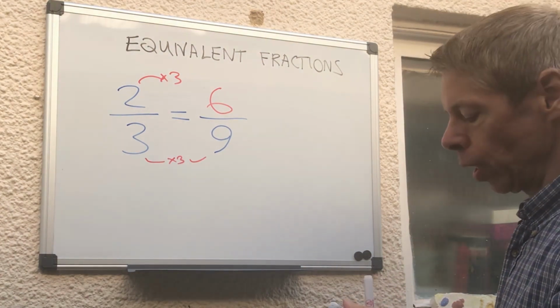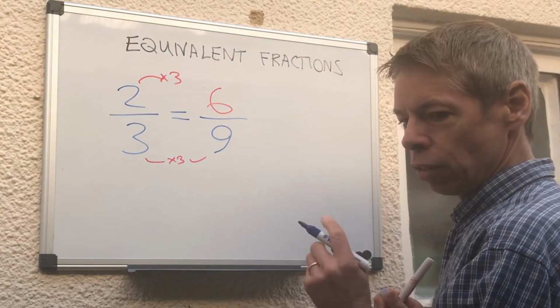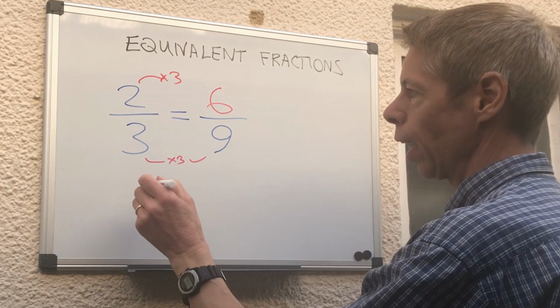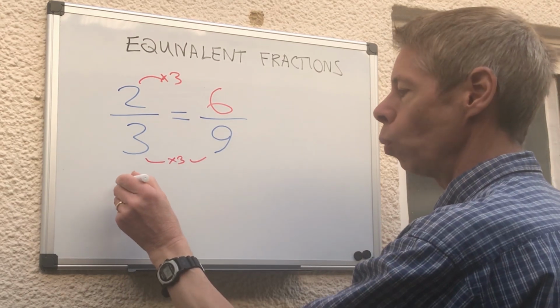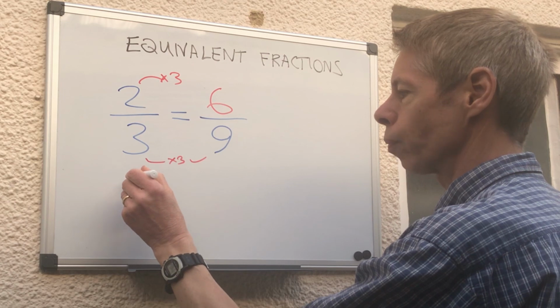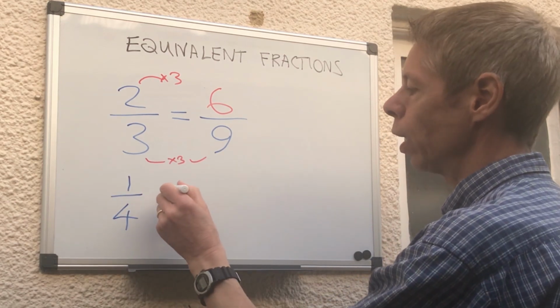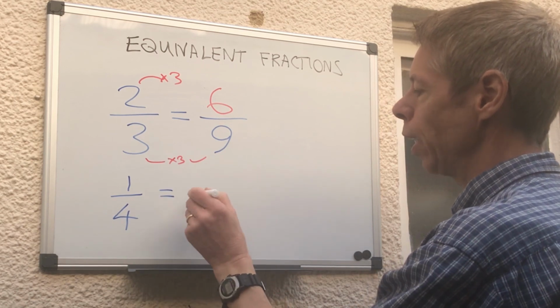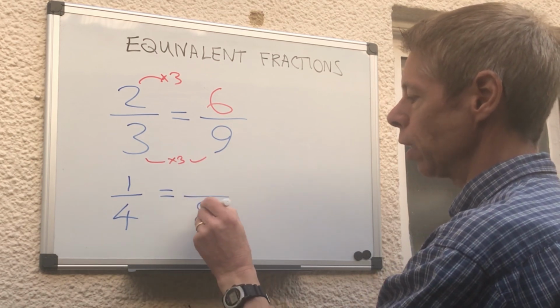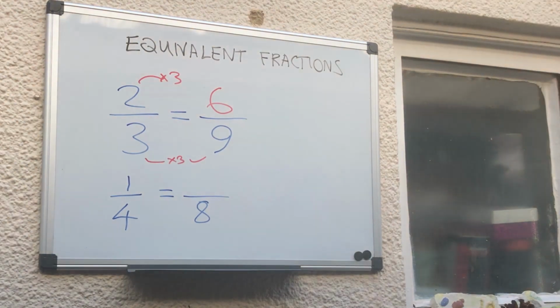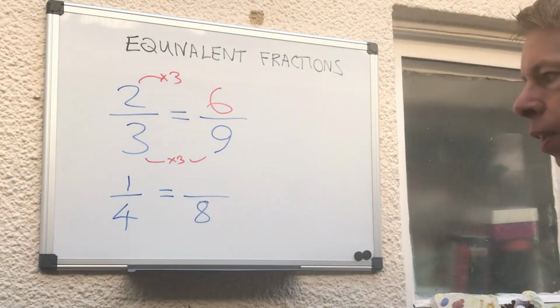Okay, let's have a look at another one. So again, as soon as I write this down, start working it out. So we want to know what would be 1/4, and we're going to work out how many eighths that is. So 1/4 would be how many eighths?